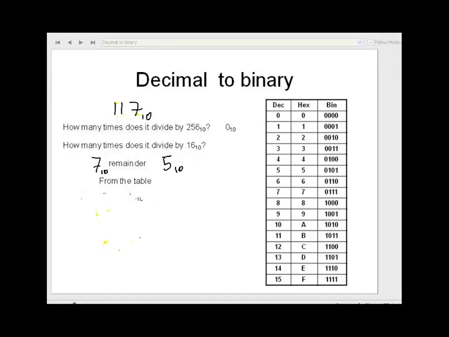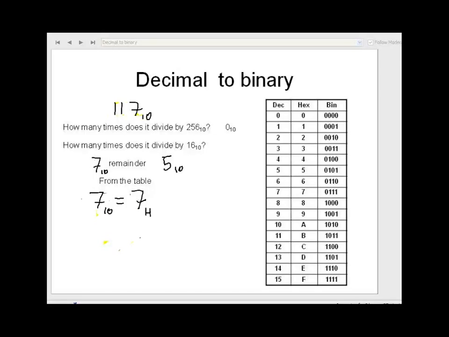Now, from the table, I look up 7. 7 in decimal is equivalent to 7 in hexadecimal.